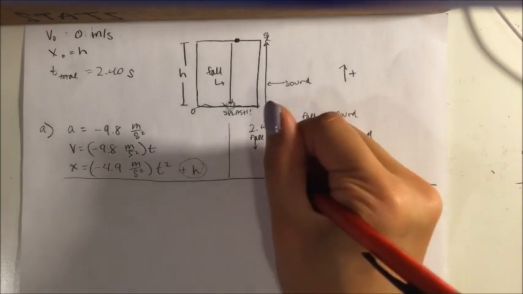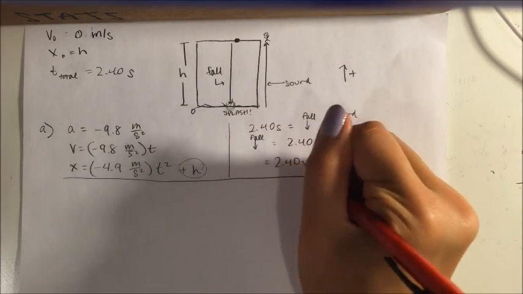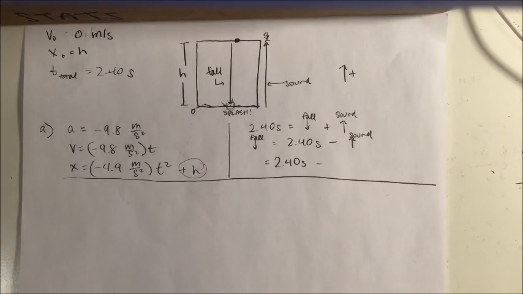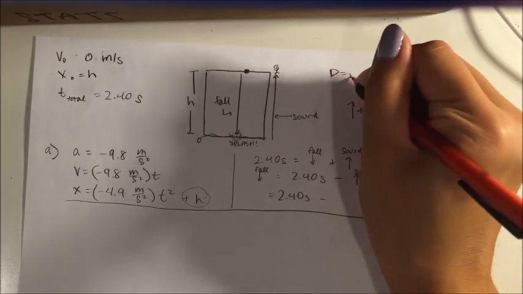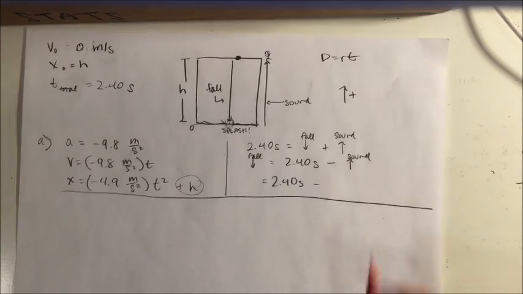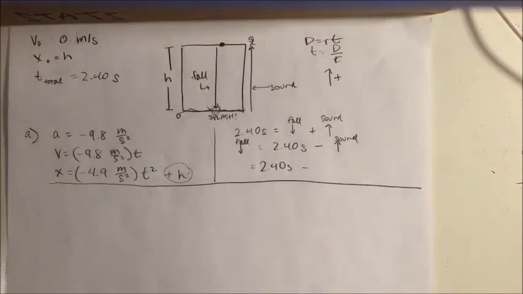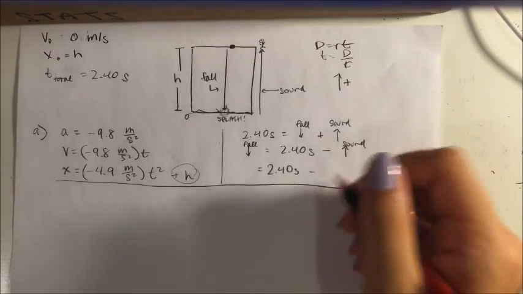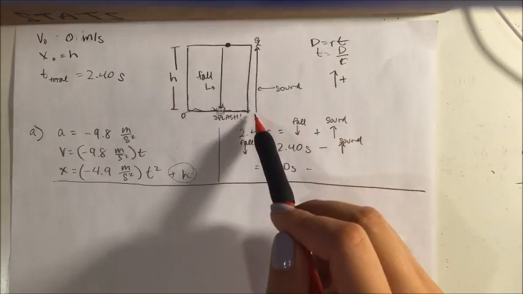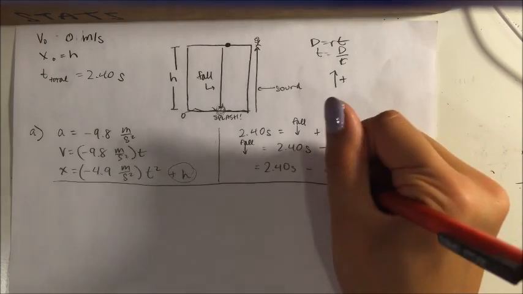And how long does it take for the sound to come back up? Remember how distance equals rate times time? So if you want time, you could do distance over rate. We're going to do that same thing here. The distance that it travels to go up, that's h, isn't it?